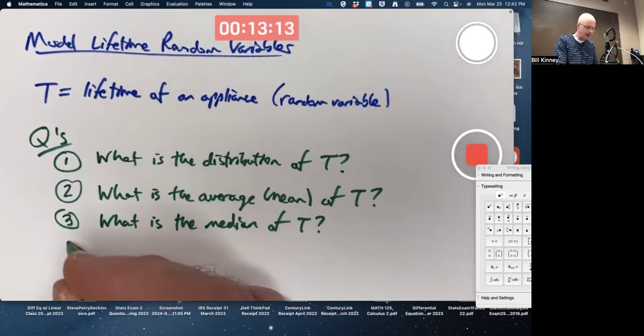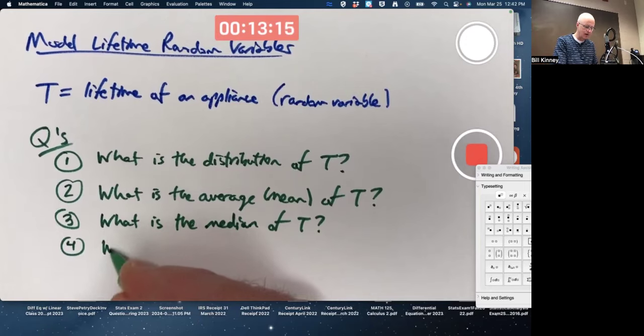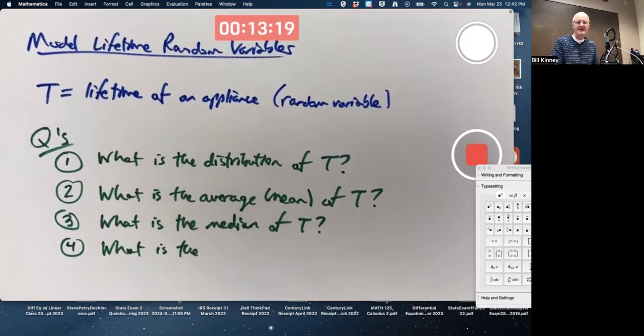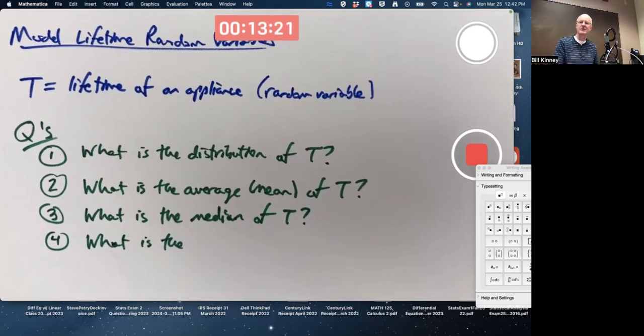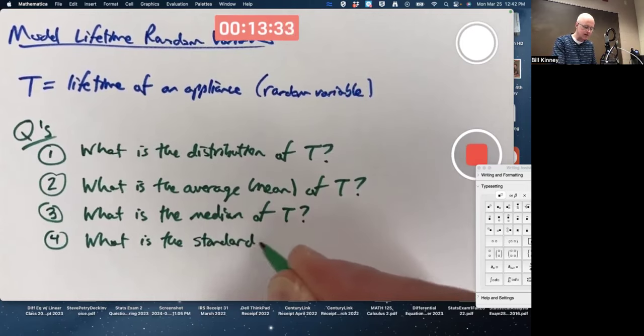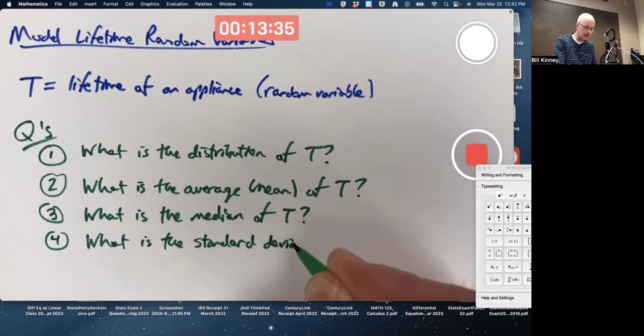And we might want to know how much spread do we have? What is the spread? The best way people most commonly measure spread, especially if the distribution's symmetric, a little less so if it's skewed, like our example will be, is what is called the standard deviation. Standard deviation of t.